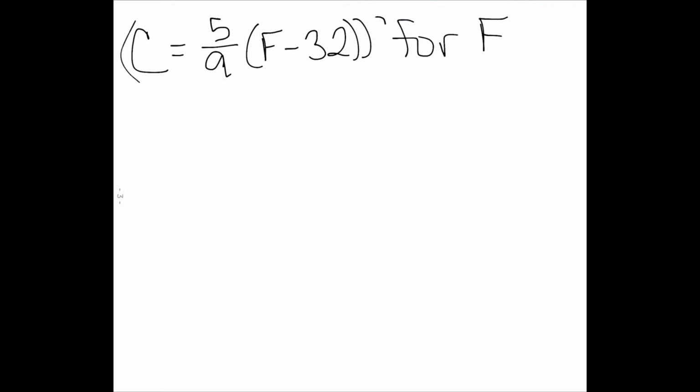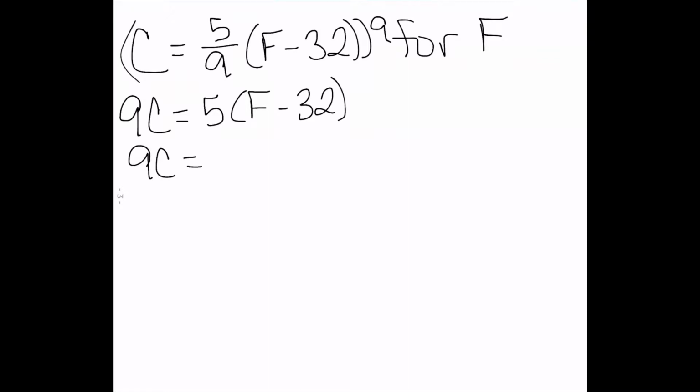Let's multiply through by 9. That gives me 9C equals 5 times F minus 32. Multiplying through, I get 5F minus, and then 5 times 32, which is 160.